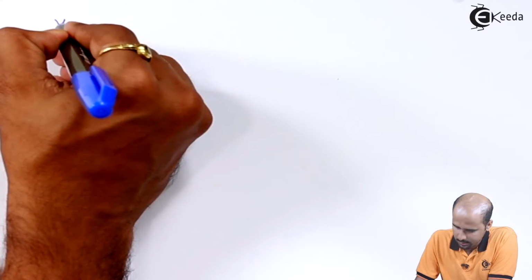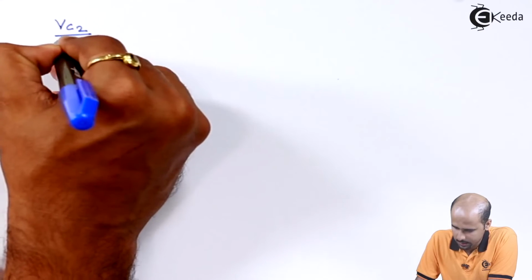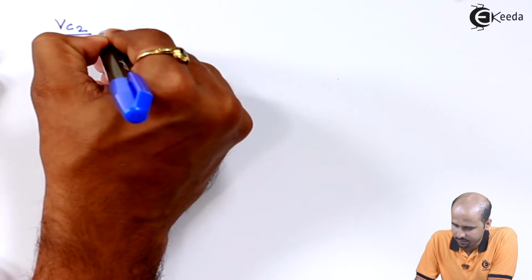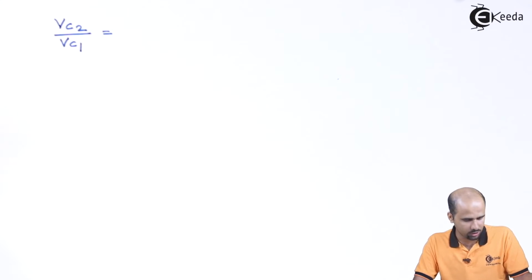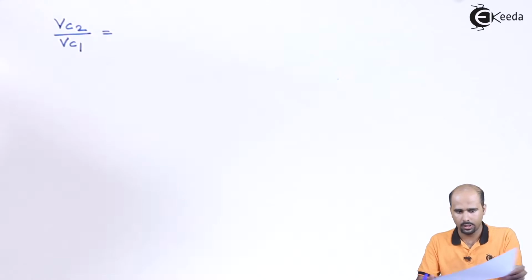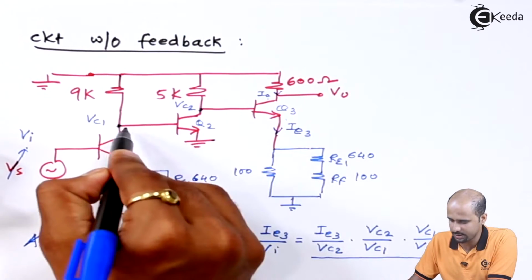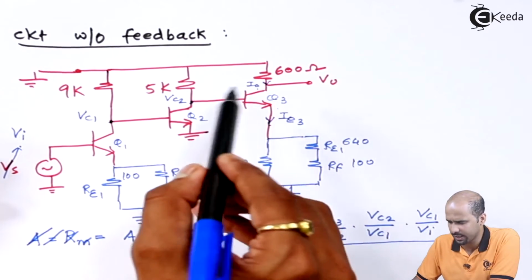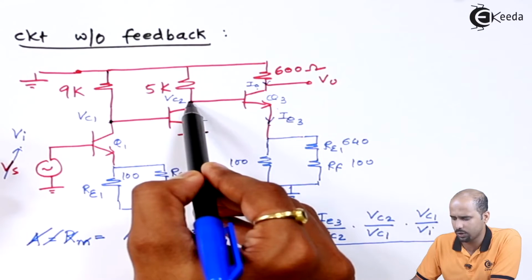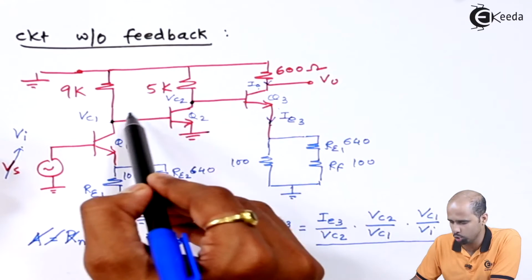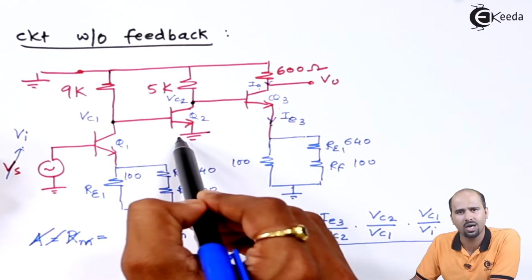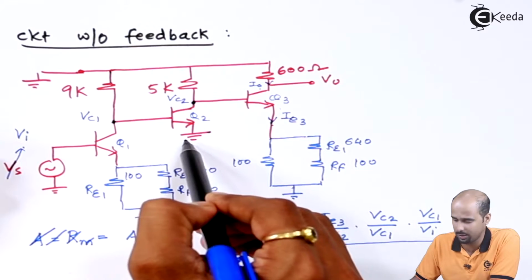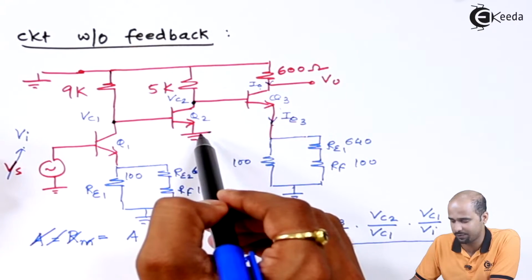The second part is very important as far as the gain perspective is concerned: VC2 divided by VC1. Now again come to the without feedback circuit. Here it is VC2 and this is the value VC1. It is very simple to understand the value of VC2 to VC1, as there is no resistance at the emitter side of the second stage.